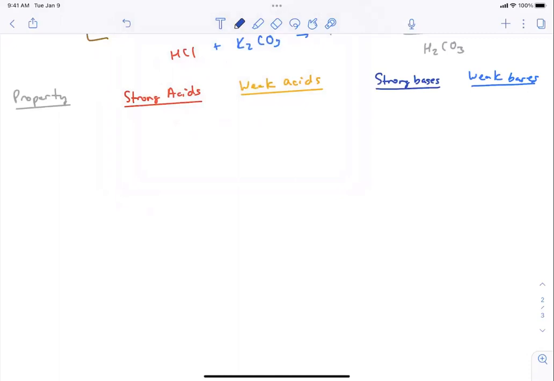Yeah, you probably want to do it horizontal. But I'm not sure yet. Now, the reason why I'm not drawing lines all the way down is because some of them will overlap. Like the definition will overlap across 2 of them, and so I'm just gonna save myself a little bit of space for that. So strong acids, weak acids, strong bases, and weak bases. We're gonna have quite a few things here.